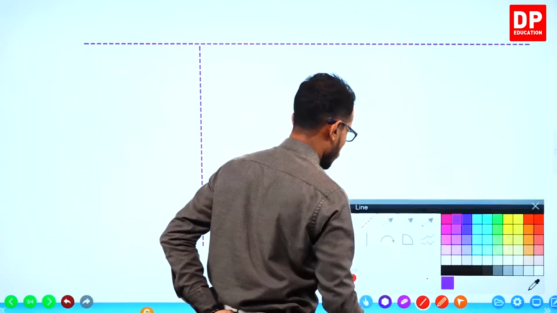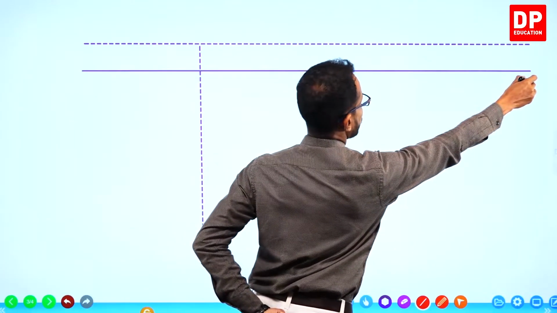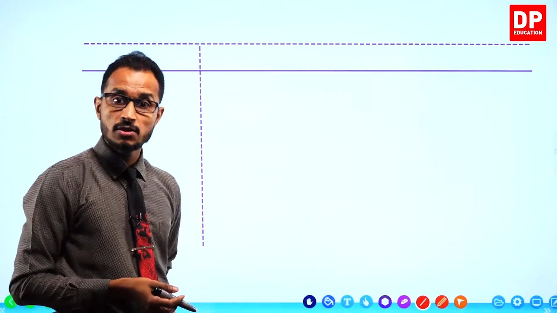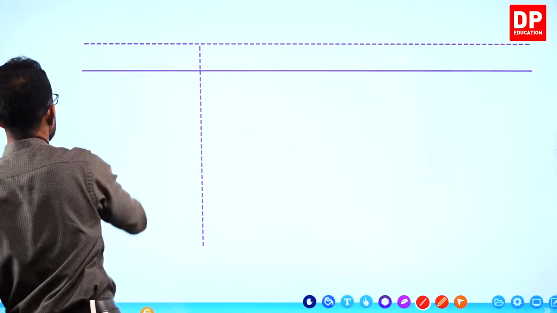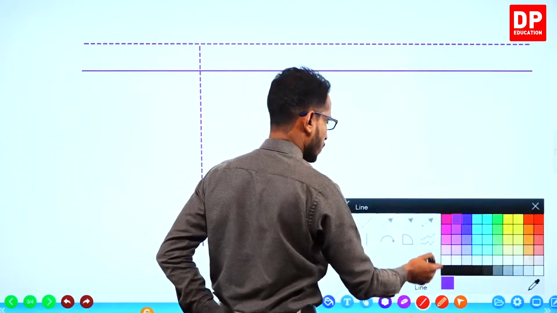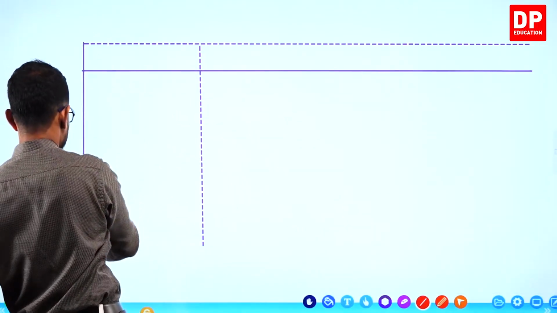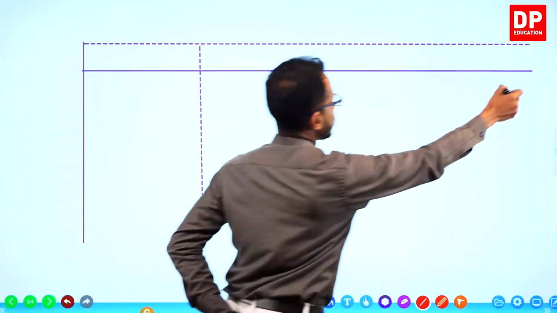Then draw the header row a little wider than usual. All right, done. Now we have the debit side and credit side. This is the debit side. This is the credit side.